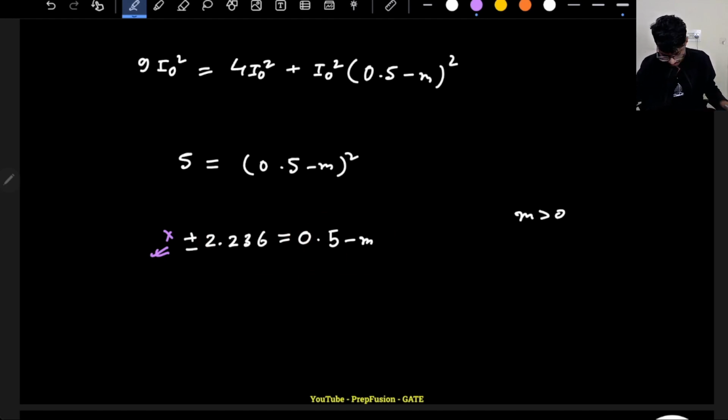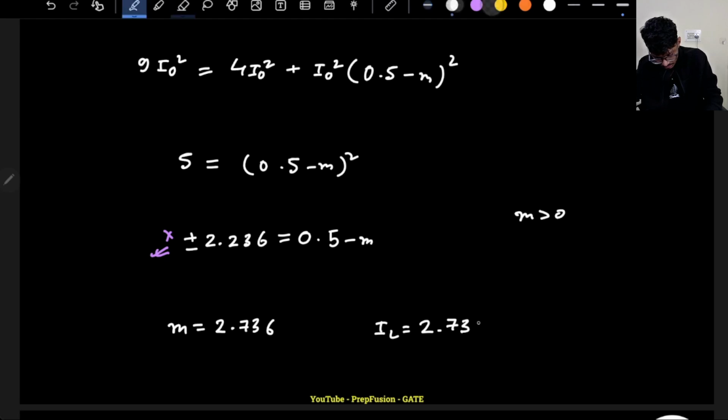So it will be added with 0.5: minus root 5 plus 0.5 gives 2.736, so your M comes out to be 2.736. Ultimately your current IL is M equals 2.736 I naught.